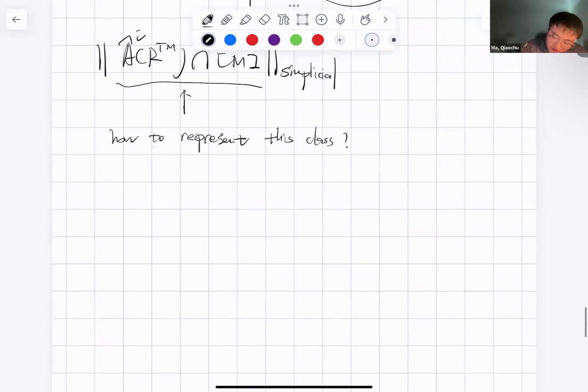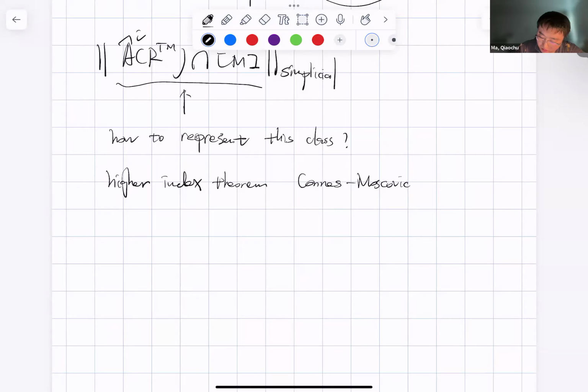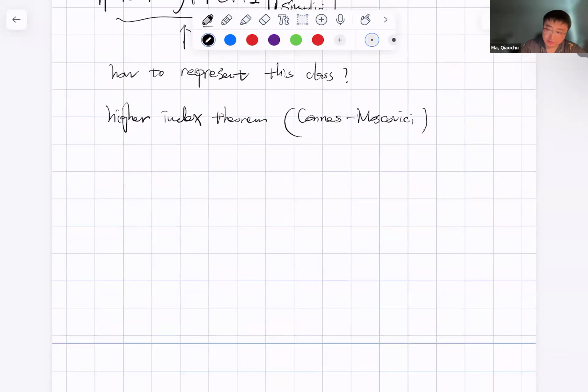Here we need a higher version of the index theorem by Connes and Moscovici. And actually, we need a quantitative version of their theorem, so we need to modify it a little bit. The theorem states as follows.